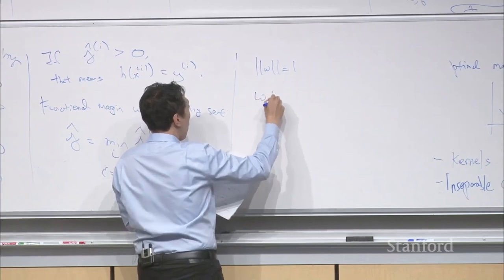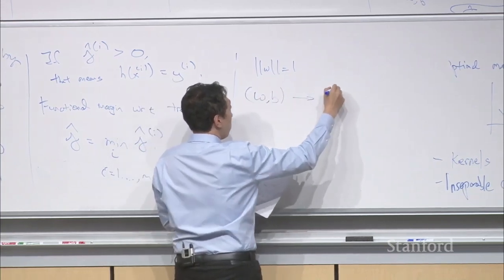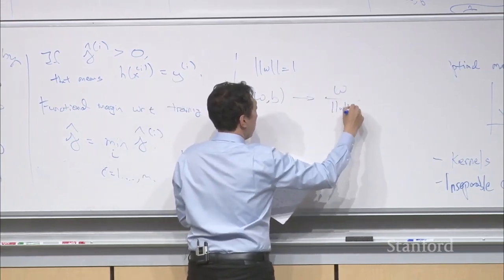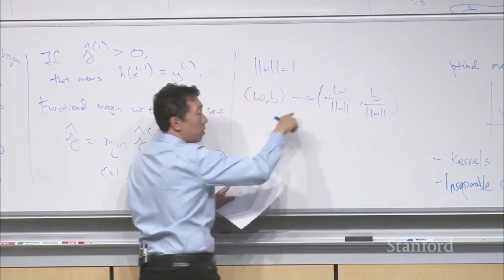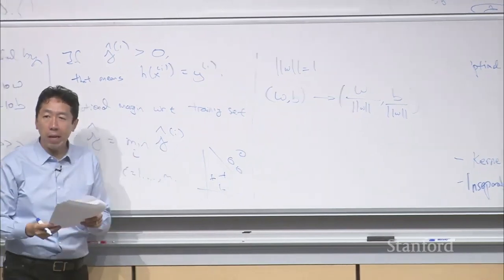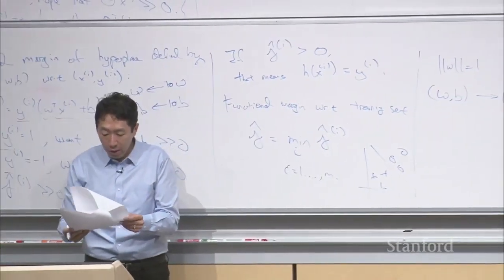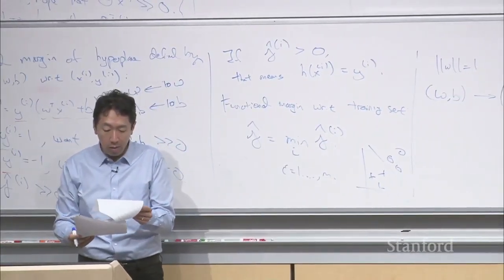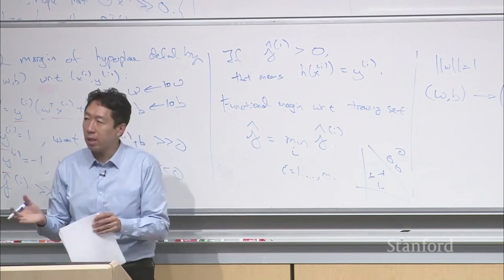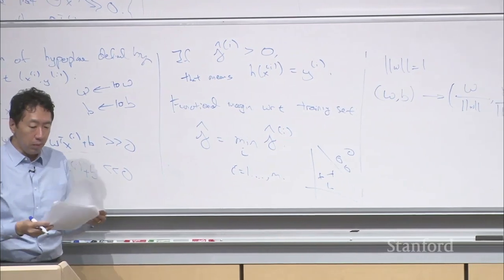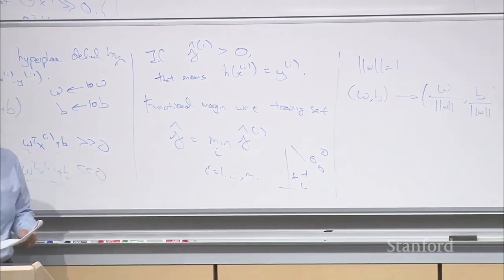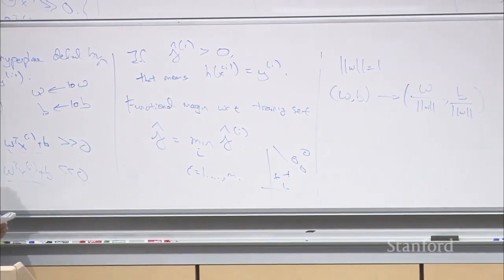Or another way to do that would be to take W and B and replace them with W over the norm of W and B over the norm of W. Just divide your parameters through by the Euclidean length of the parameter vector W. This doesn't change any classification, it's just rescaling the parameters, but it prevents this way of cheating on the functional margin.